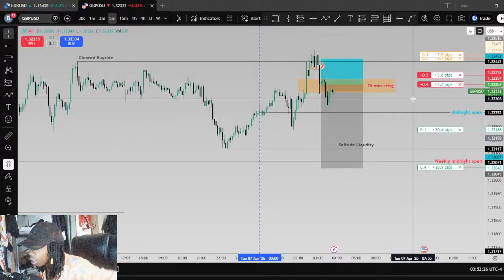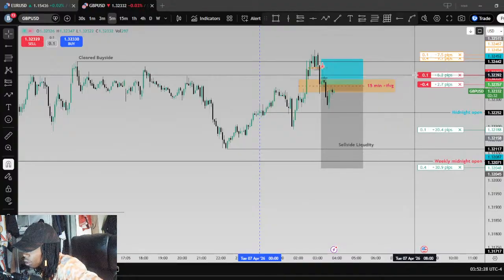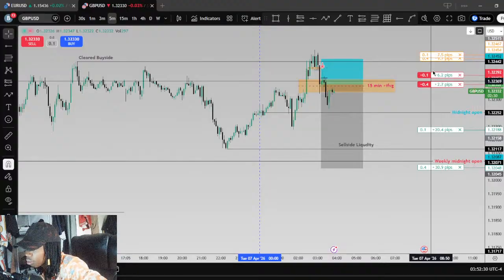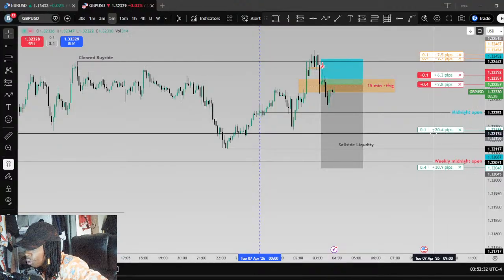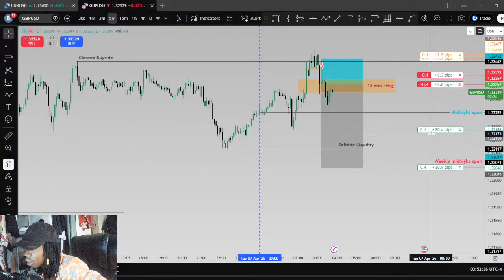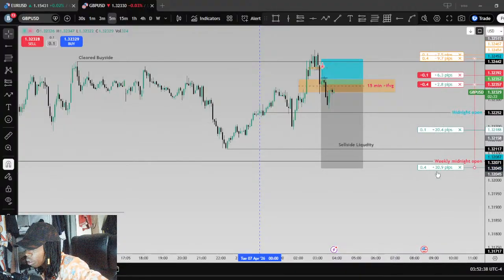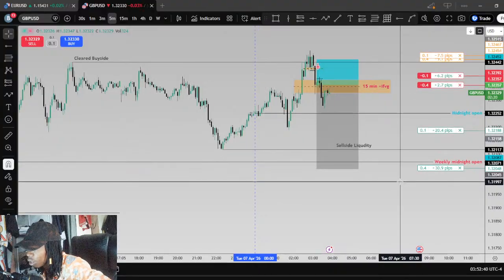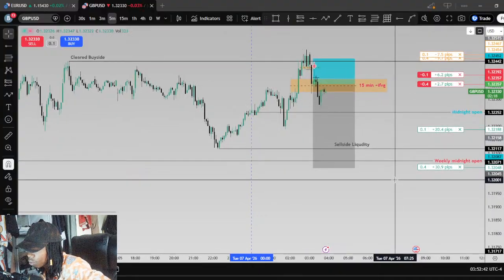Definitely risking, let's say, 10 pips, going for 20 pips and going for 30. So one to two and one to three. So what I'm looking at right now, maybe one to three. Yeah, I would say that.